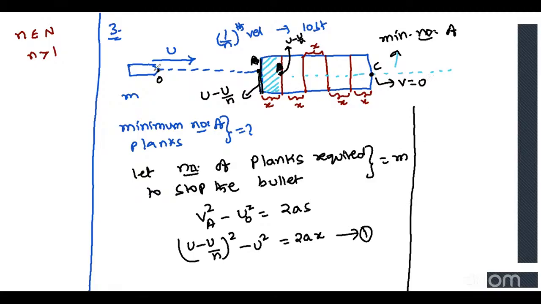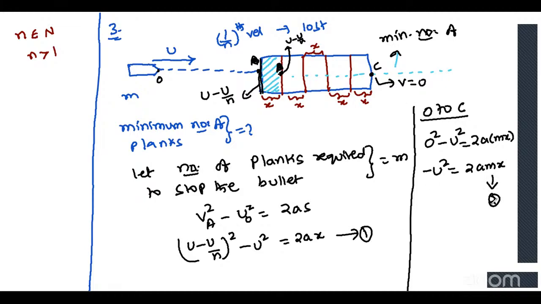From O to C, I am considering 0 square minus U square equal to 2A after traveling a distance mx. So minus U square equal to 2A mx. Consider it as second equation.